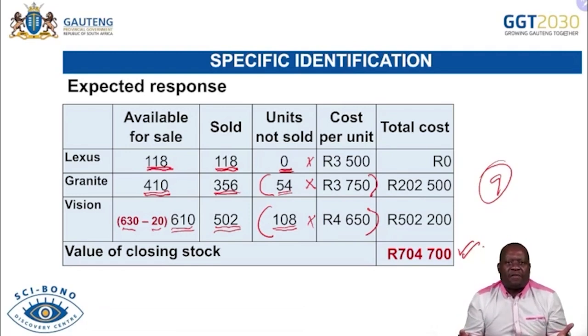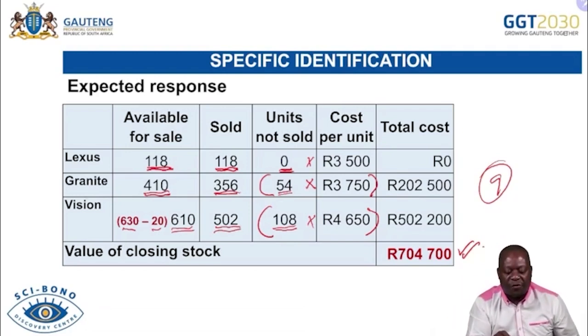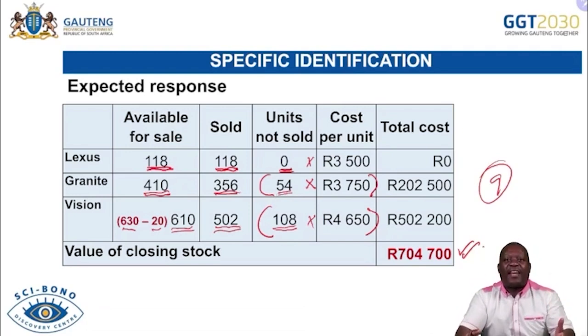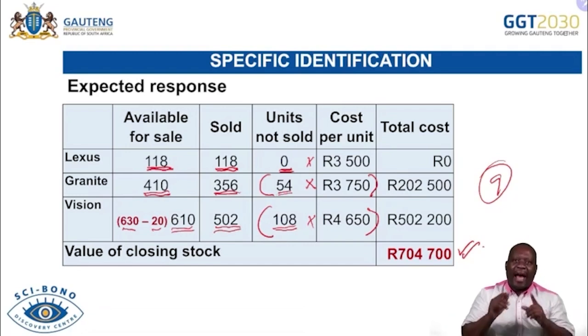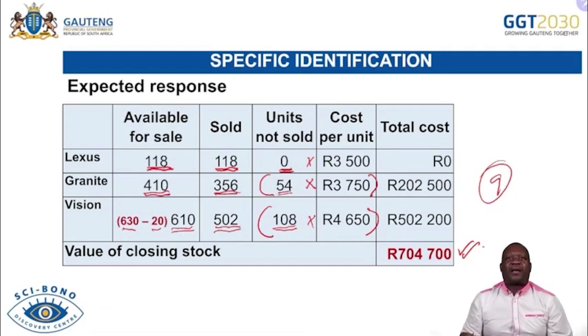You can even verify it by doing a physical count and find that we have 54 granite available. Just multiply by the price. We bought each for 3,750, so we know 202,500 is there. Identify, give a price. Done. Dusted. We can smile after this achievement.